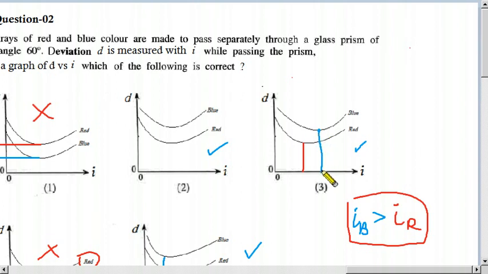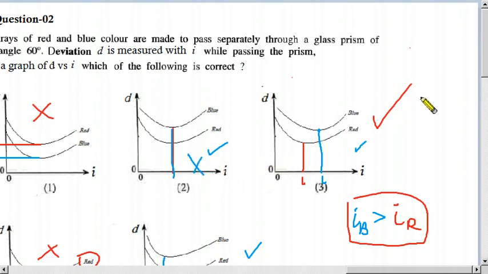So I of blue is here. This one is greater, this one is smaller. So the condition is fulfilled. So this one is correct. Here the red has this place I, and also blue has the same. They have shown the same. So the condition is not fulfilled. So therefore this one is wrong.